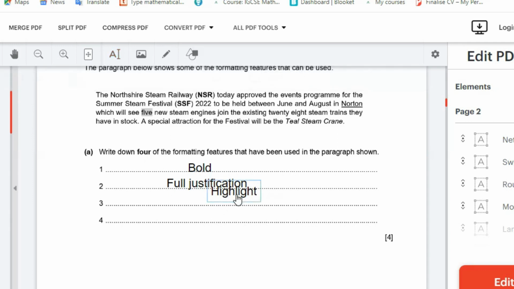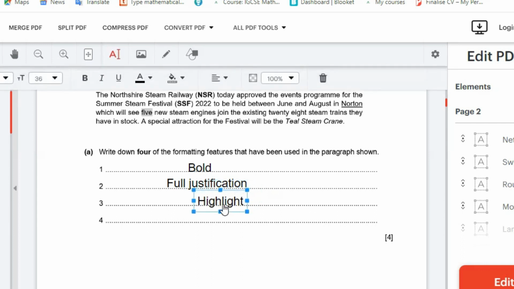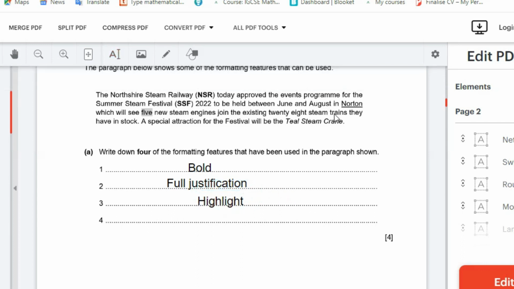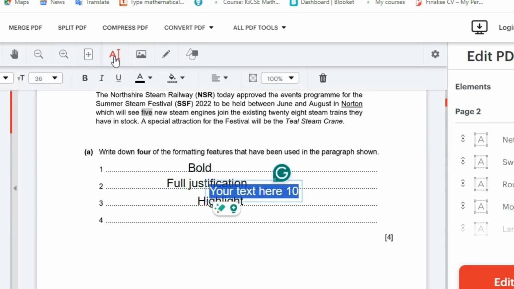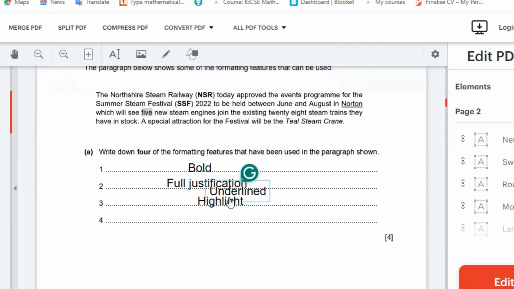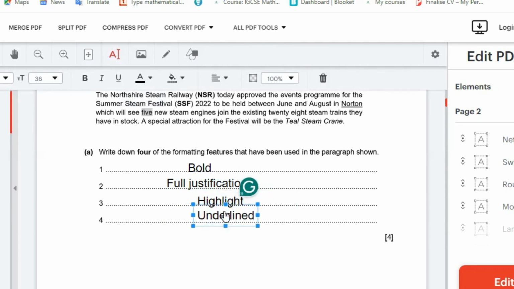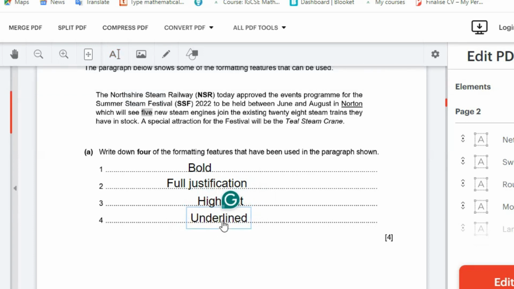All right. What other one? Look at the paragraph very well. Yes, this note here is underlined. So that means one of the formatting features is underlined. All you need to do is to look at the paragraph and look at what exactly they've done with the paragraph.